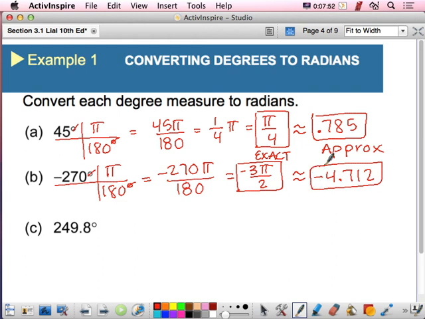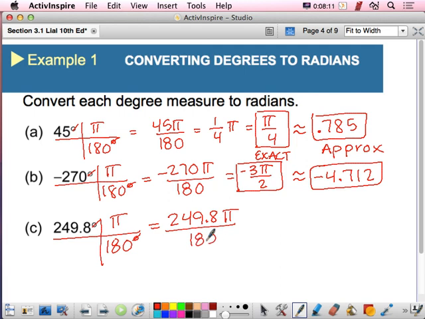And finally, we have 249.8 degrees. Let's multiply that through by pi over 180 degrees. Let's cancel our degrees. And right now it looks a little weird. We have 249.8 pi divided by 180. So I definitely can't reduce or simplify that without my calculator.